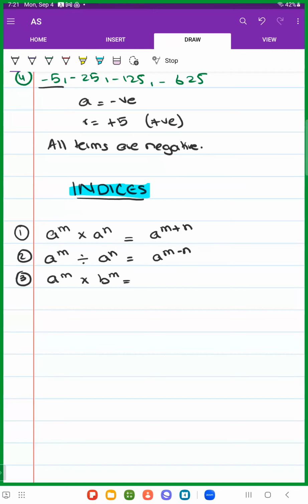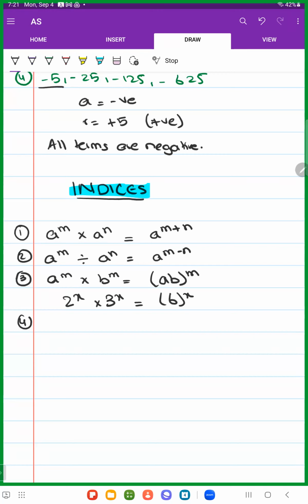Whenever the bases are different but the powers are same, you can multiply the bases and take the power common. For example, I have 2 to the power x into 3 to the power x. This can be written as 6 to the power x. All right.